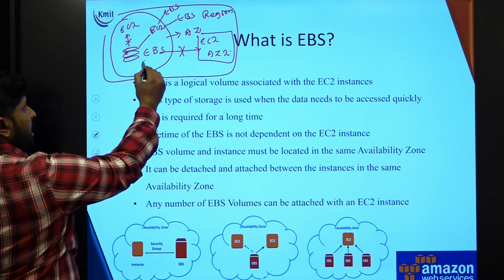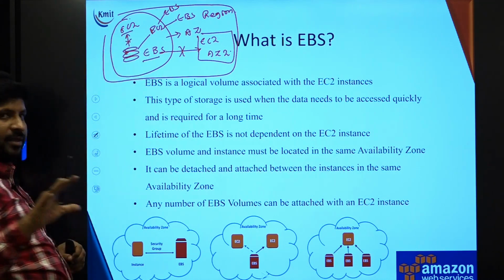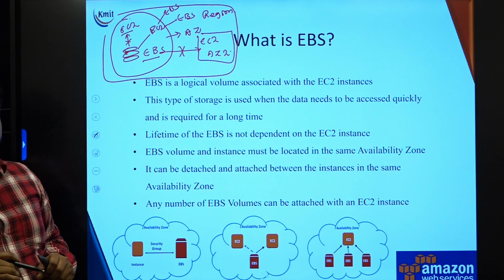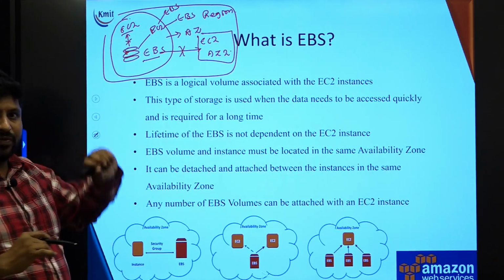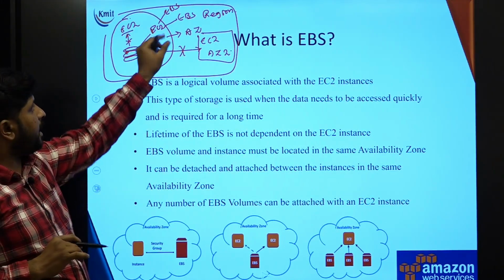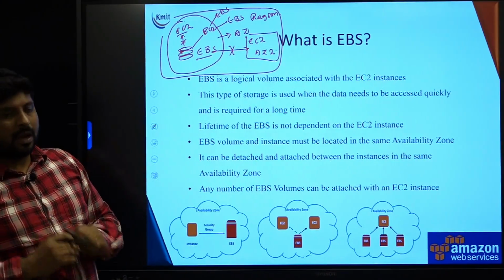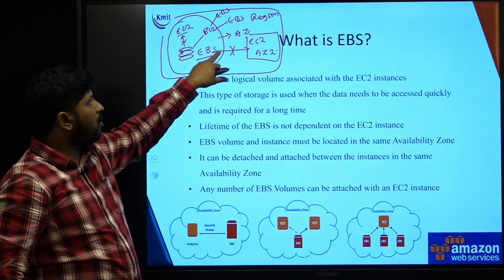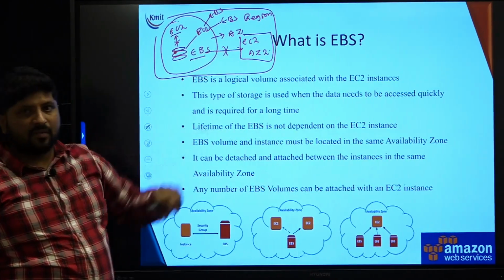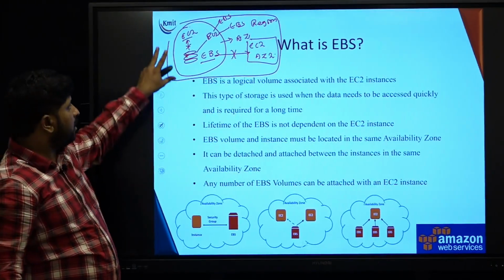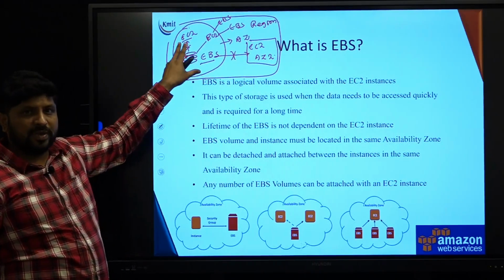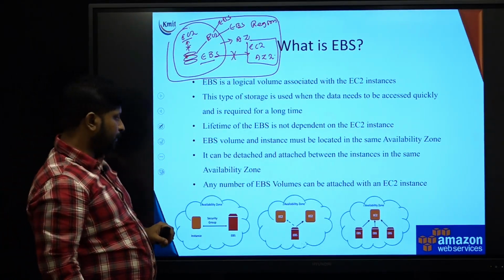One is that EBS and EC2 should be running in the same availability zone. You can detach the EBS from an EC2 instance and connect it to some other EC2 instance running in the same availability zone. And one EC2 instance can have more than one EBS volume attached, but one limitation is that all should be in the same availability zone.